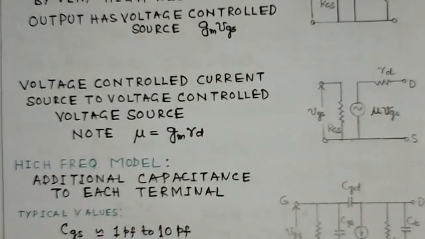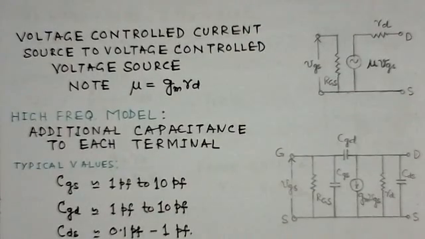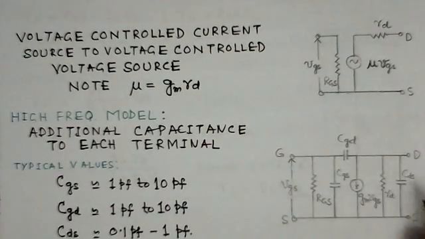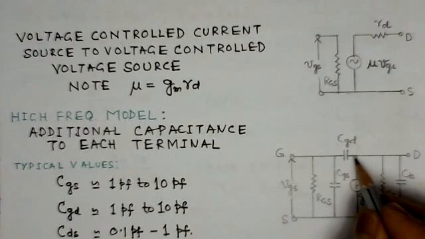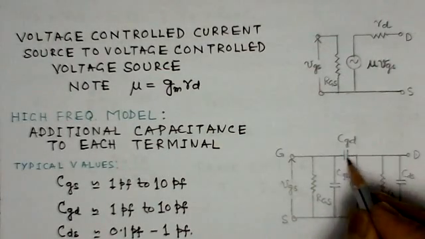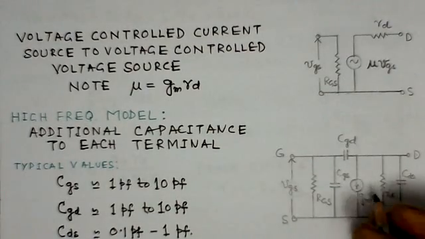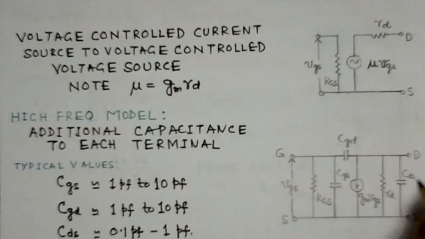High frequency model. Here you can see the values for the high frequency model are the same, except these capacitances have been added to each junction. Between gate and drain there is CGD, then CGS, and then CDS.